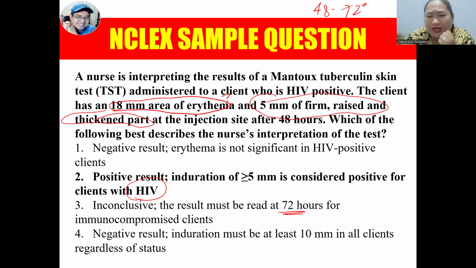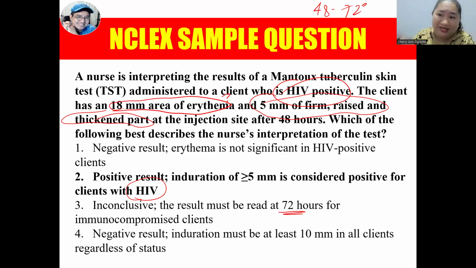Okay, so how does it compare? We've mentioned this is in comparison with HIV positive clients. Why does a 5 millimeter induration give a positive result? You know the pathophysiology of HIV positive clients, right? You know the major problem. The major problem is that their immune response is depressed.